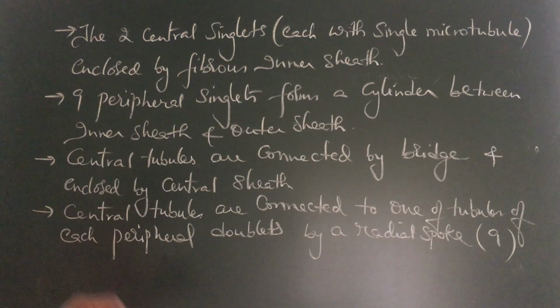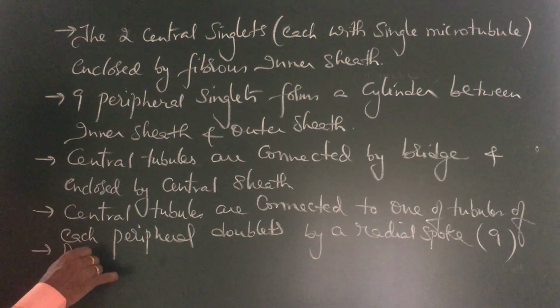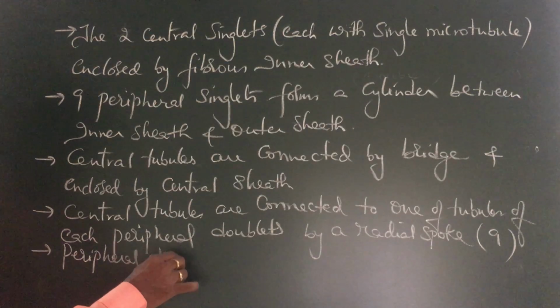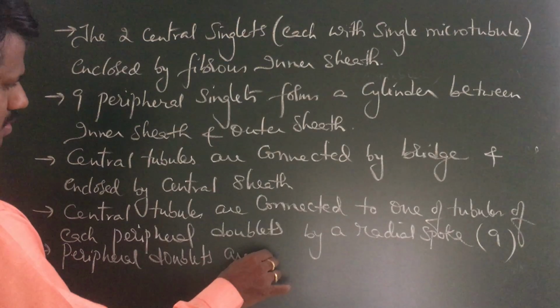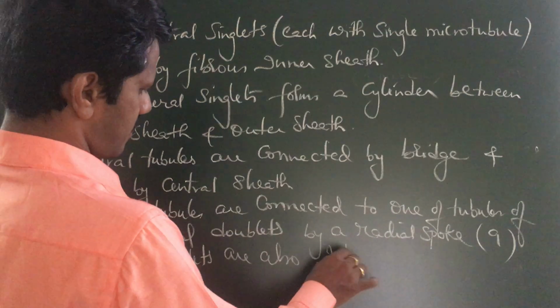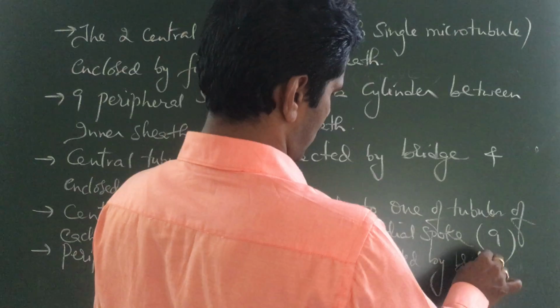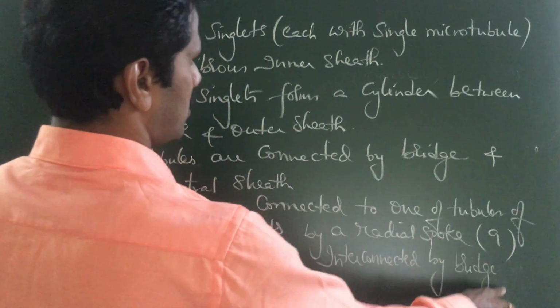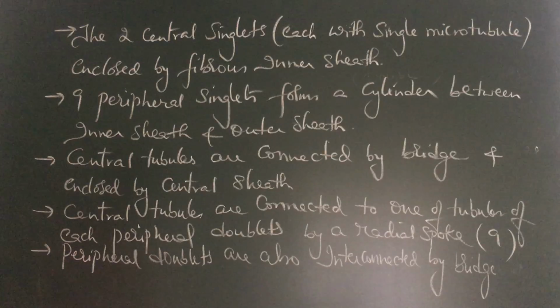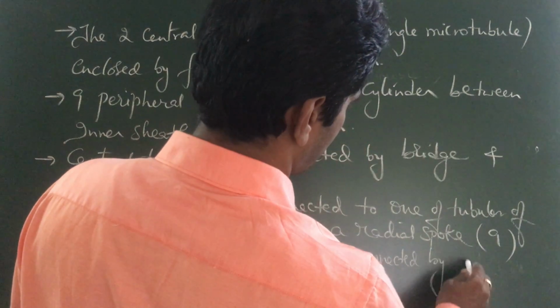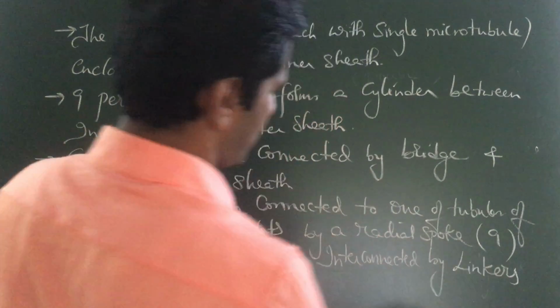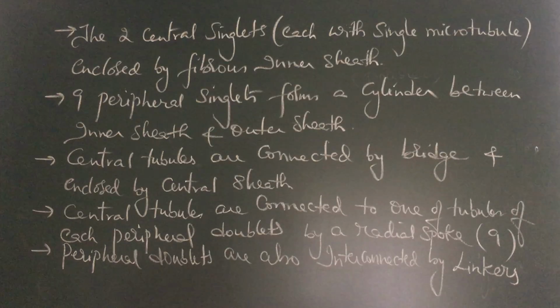The peripheral doublets are also interconnected by linkers. The peripheral microtubules are in turn connected by linkers.